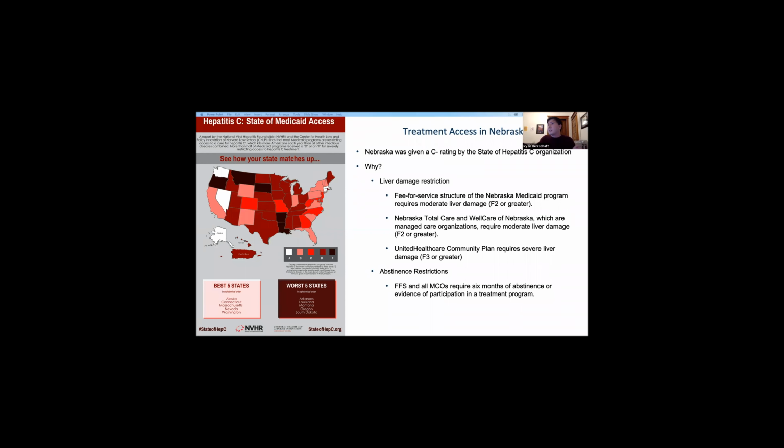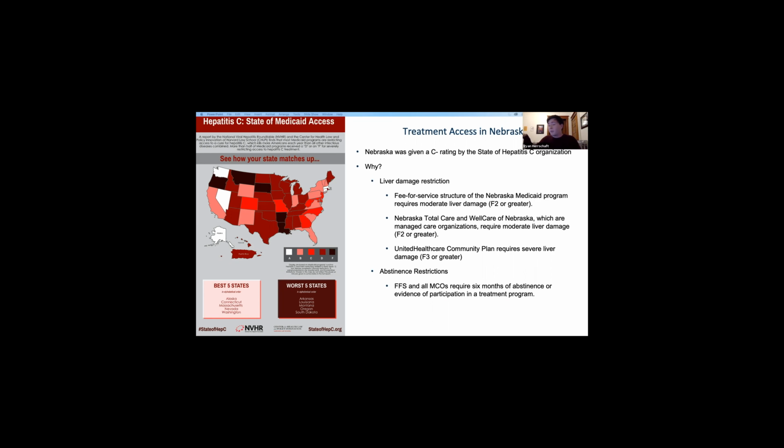This organization gave Nebraska a C- rating, on a scale from A through F. The reason they did that was because they found that many of the state Medicaid programs required a fibrosis score of 2 or more. That means moderate liver damage. So you could only access treatment if you had moderate or severe liver damage.